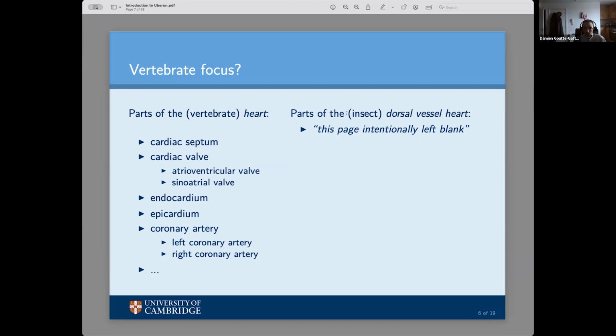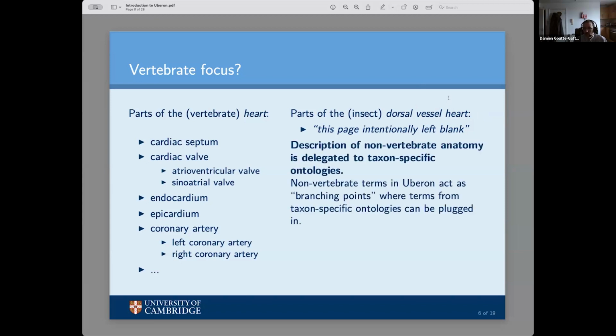But if you try to do the same thing to look for similar terms under the dorsal vessel heart, which is the term representing the heart of arthropods, you would actually find within Uberon nothing at all. In Uberon, we have a term for dorsal vessel heart, and there are no terms linked to dorsal vessel heart using part-of relationships. The reason for that is that within Uberon, precise description of non-vertebrate anatomy is delegated to taxon-specific ontologies.